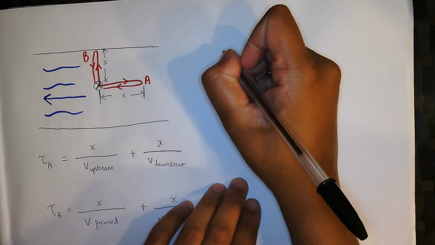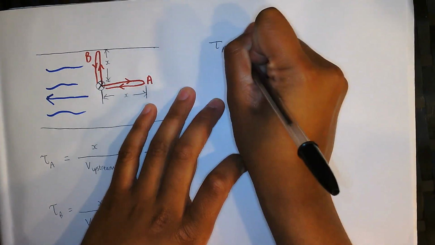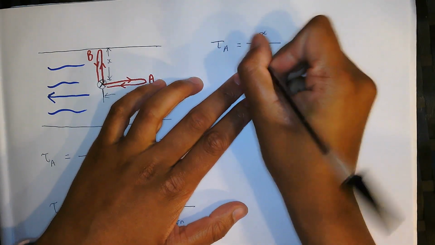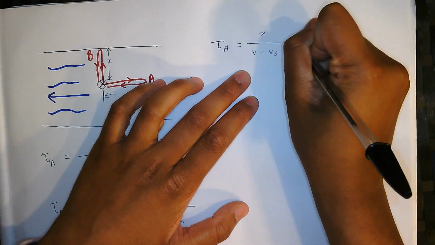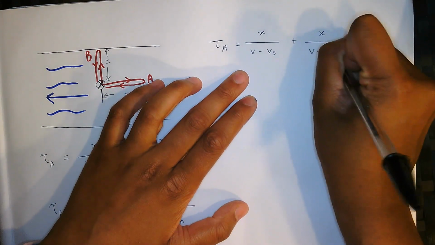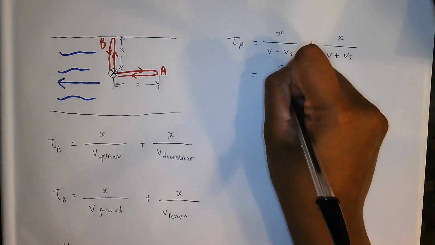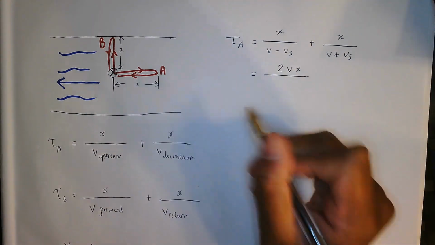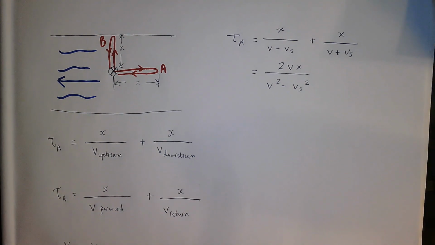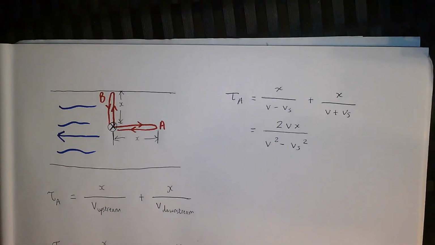So tau A is equal to the distance it travels, x, over its velocity, which was V minus Vs, plus, for the downstream journey, x over V plus Vs, which upon simplifying gives 2Vx over V squared minus Vs squared. So we have worked out how long it takes for boat A to complete that journey upstream and downstream.